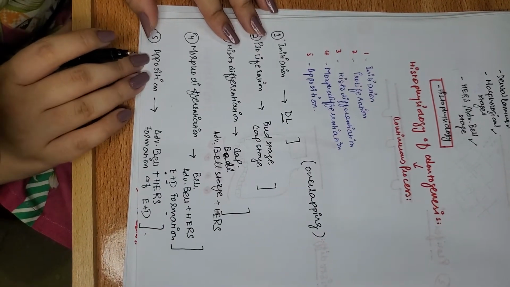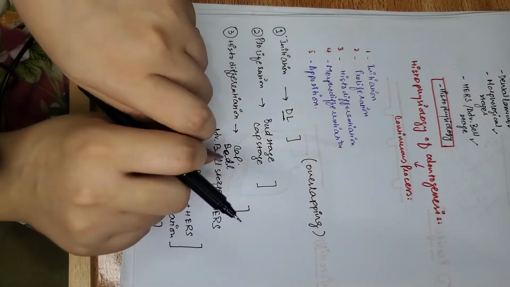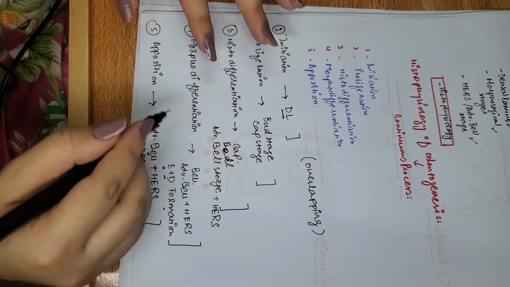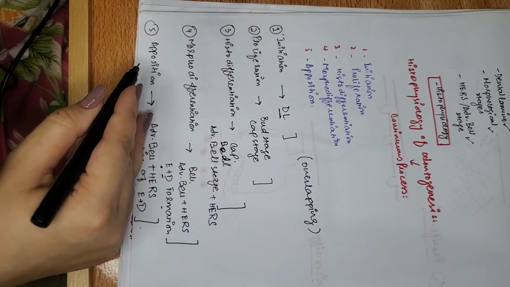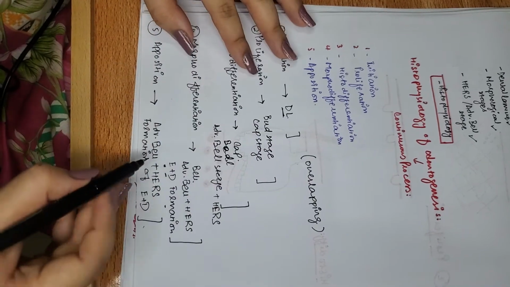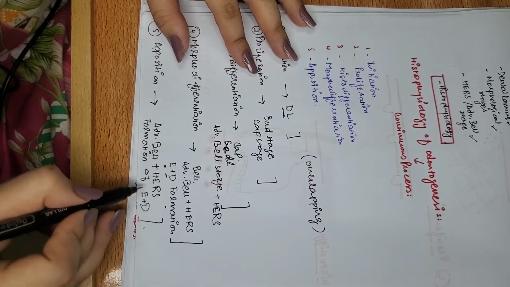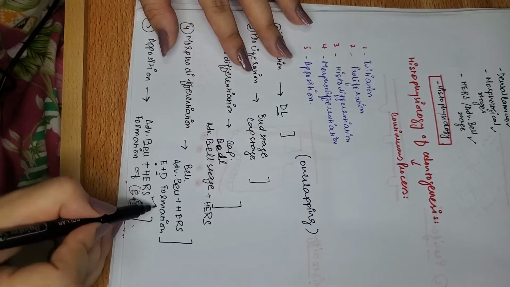Apposition means the two layers are coming in front of each other, towards each other. Another name for apposition is the additive stage. It happens most commonly in the formation of enamel and dentine, but some part of it is happening in the advanced bell stage as well.